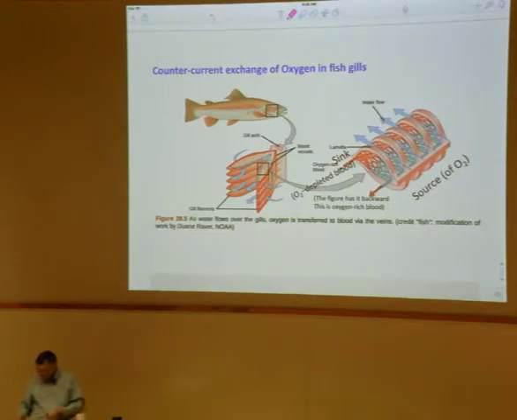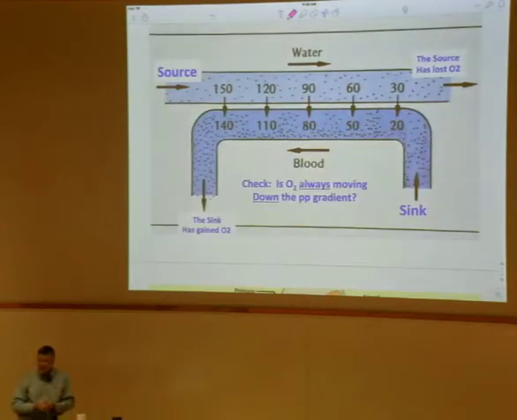Okay? So remember I talked about countercurrent exchange systems and some guidelines to make sure you understand them. I think in every year I've had a countercurrent exchange question on the final exam. So it would shock me and should shock you if you don't see one. Okay? And so you always want to have a source that is high in whatever it is that's being transferred, and a sink which is low. If it's a counter-current exchange system, check.